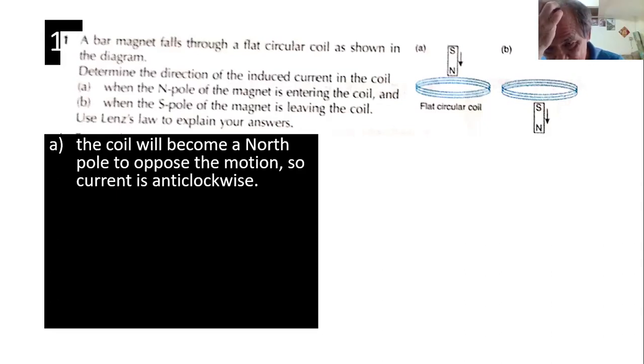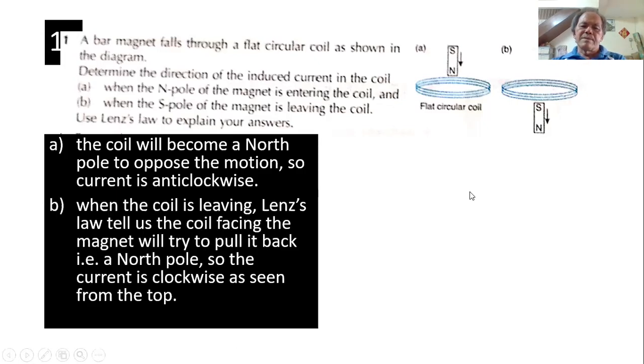You mean looking from where? It's supposed to show on the diagram. Looking from where is clockwise? When the magnet is leaving, Lenz's law tells us that the coil facing the magnet will try to pull it back, so it will be a north pole there. So the current is clockwise as seen from the top.